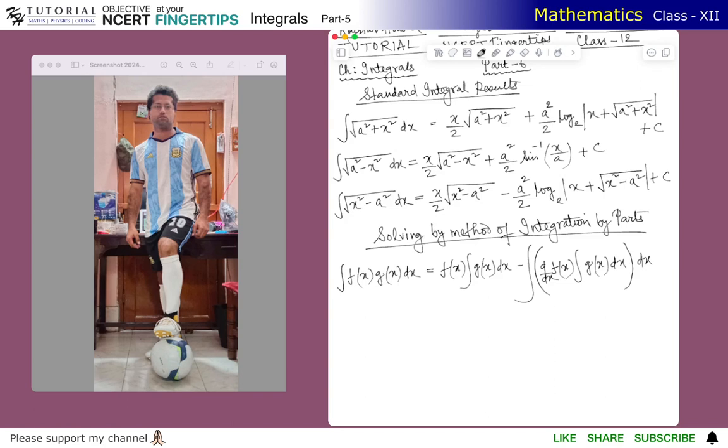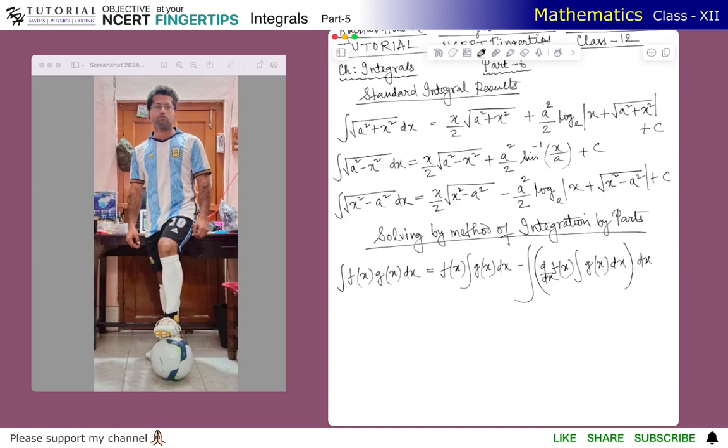I will possibly make more videos on integration by parts. There is a convention for choosing which one to take as f(x) and which one as g(x) in a given problem. I will discuss that in some future video.